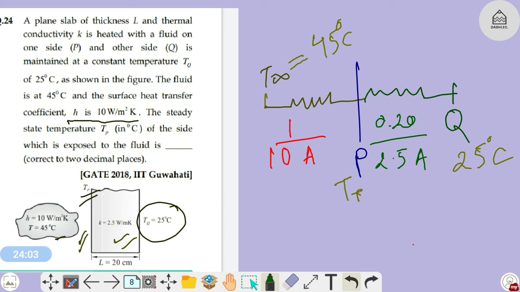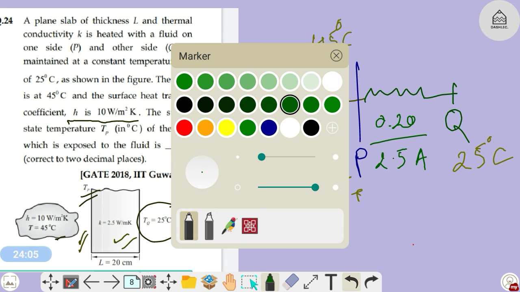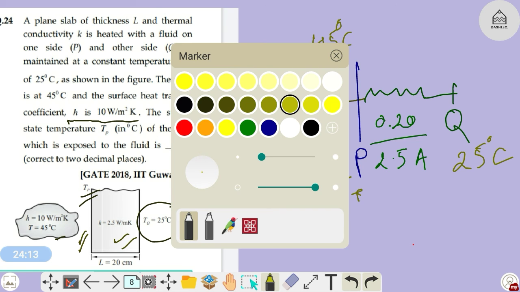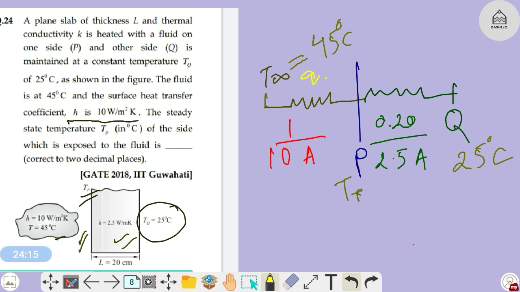As this is in series, let's suppose this is QA and this is QB, or you can say QH and QC.